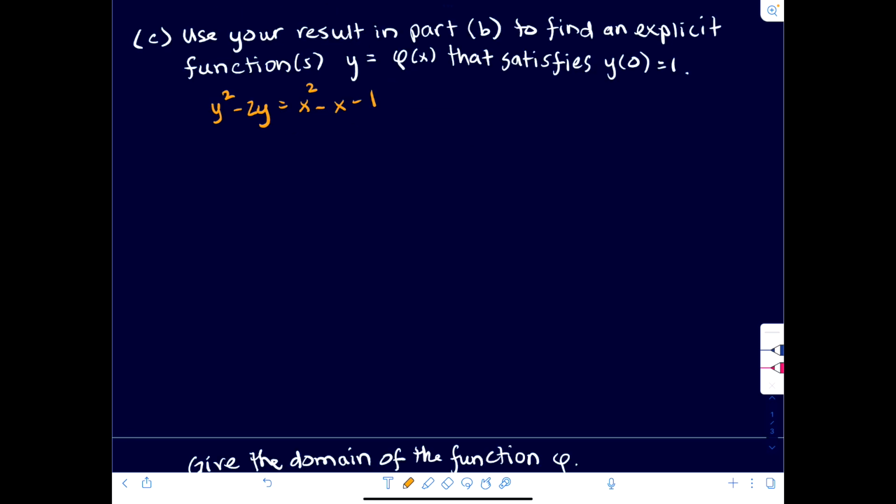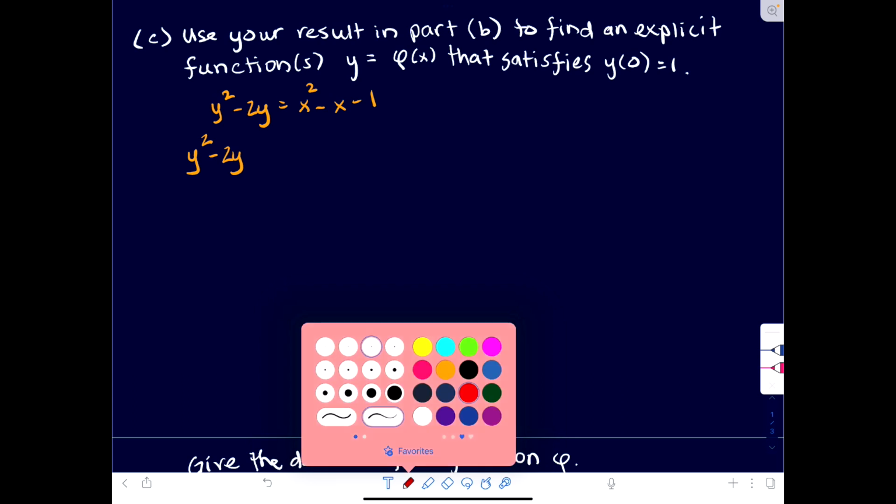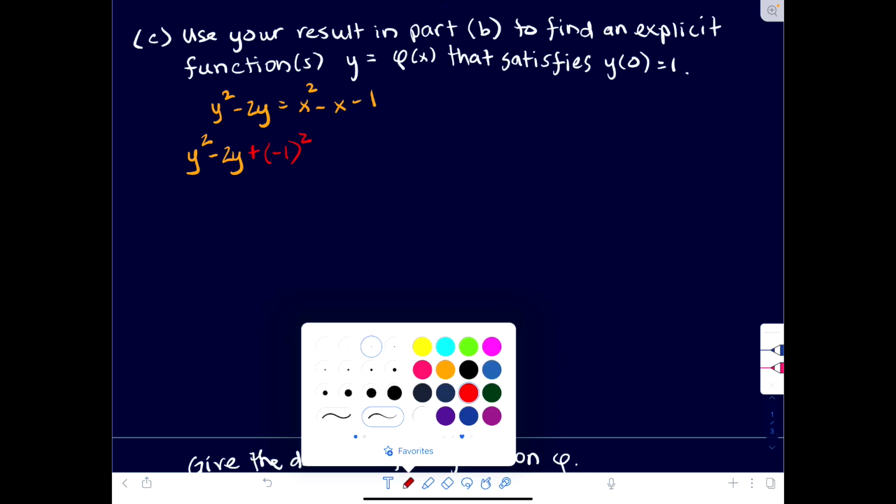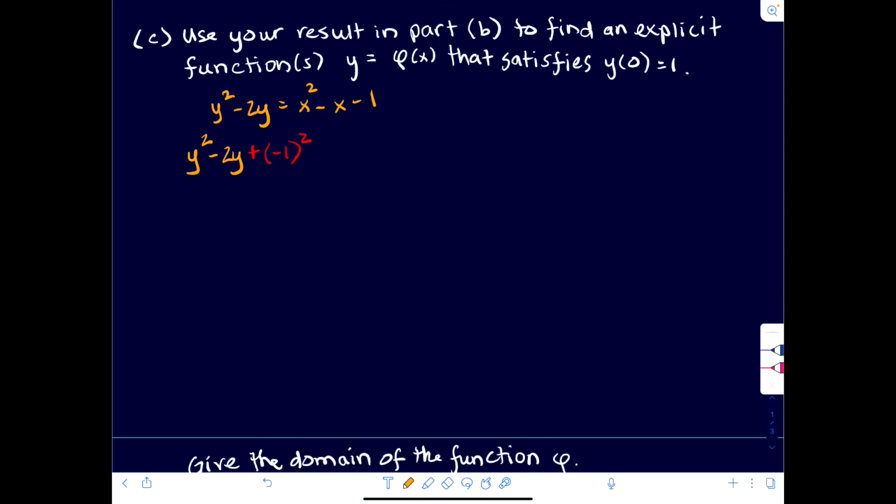Why don't we go ahead and complete the square on the left-hand side? So we'd have y squared minus 2y, and to complete the square, you add half of the coefficient of the y to the 1 term, and then you square it. So you're going to have to do the same thing on both sides. So we would end up getting x squared minus x minus 1, and then I'm adding negative 1 squared, which will just be 1.